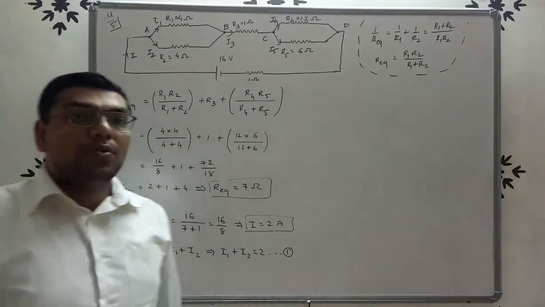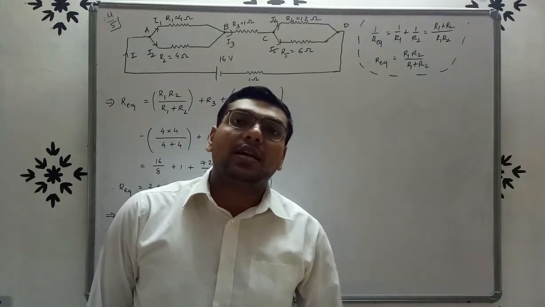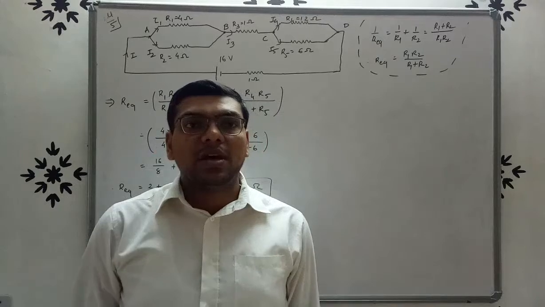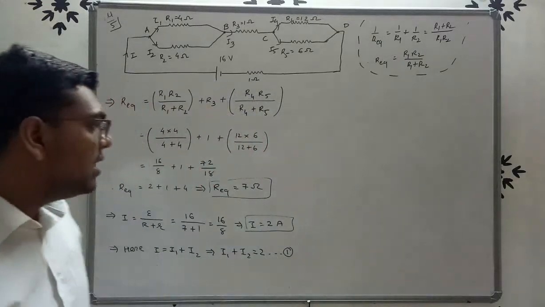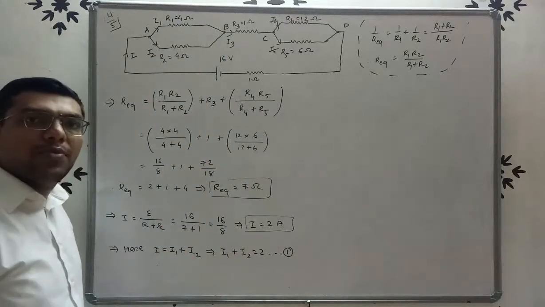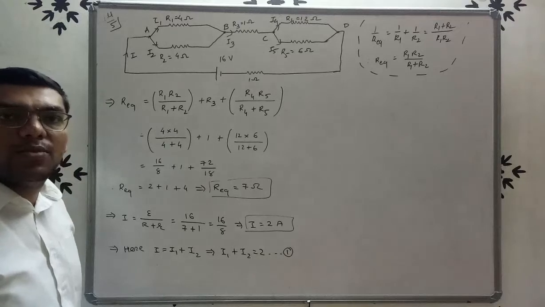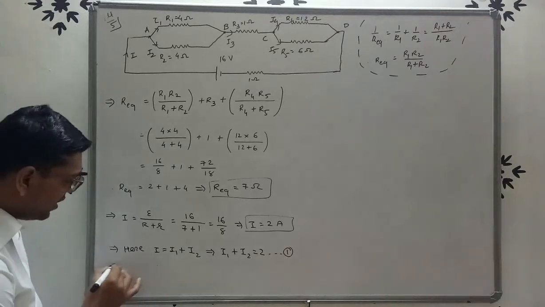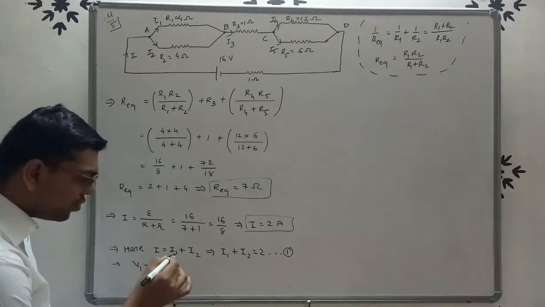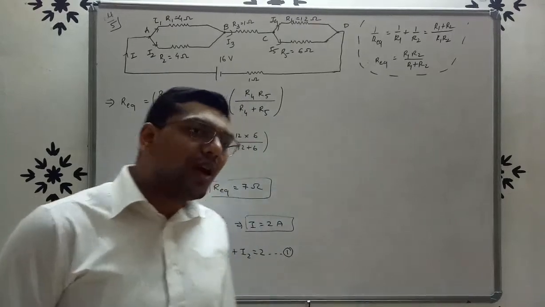Now we know that for parallel connection of resistors, the potential V will be the same, so the potential of R1, that is V1, and the potential of R2, V2, will be the same. So V1 is equal to V2, but we know that V is equal to IR.